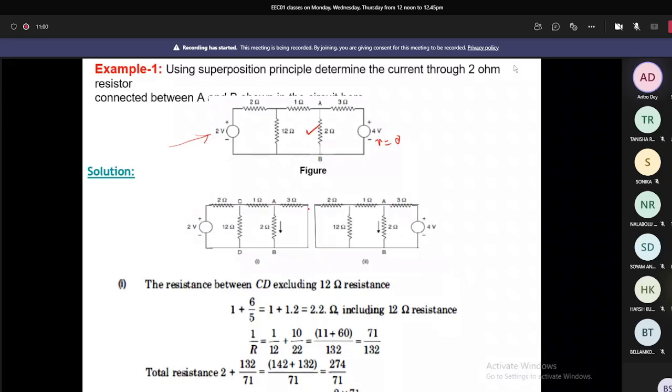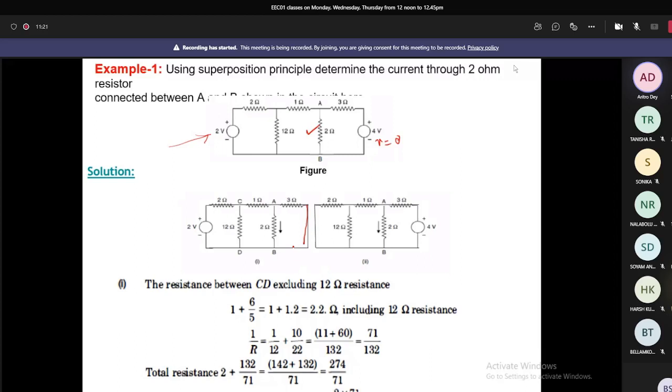So how can you do that? First of all, you can find out the total current and then you can apply the principle of branching, or you can apply nodal analysis, whatever you feel like. So you can just take node voltages here, VC, VA, and in that way you can solve it.